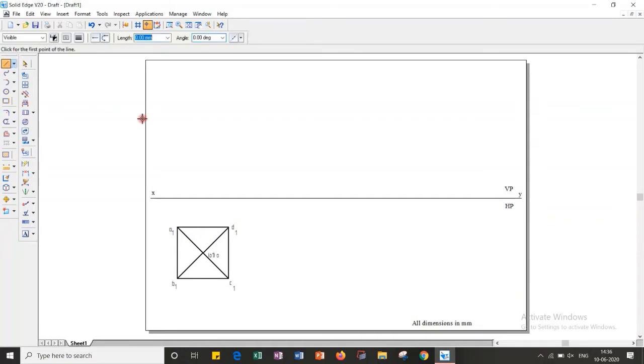Project vertical lines from all the corners. Since it is a projection line, you have to draw it thin. Also draw one axis line from the center.